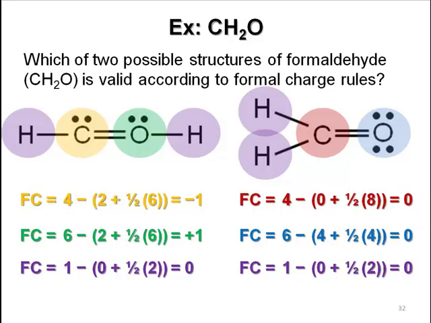Correct. However, the reason it is not is because this is a -1, this is a +1. This difference here, you want each of them to have a formal charge as low as possible for it to be valid. So this structure is valid according to formal charge rules because of the 0, 0, 0.